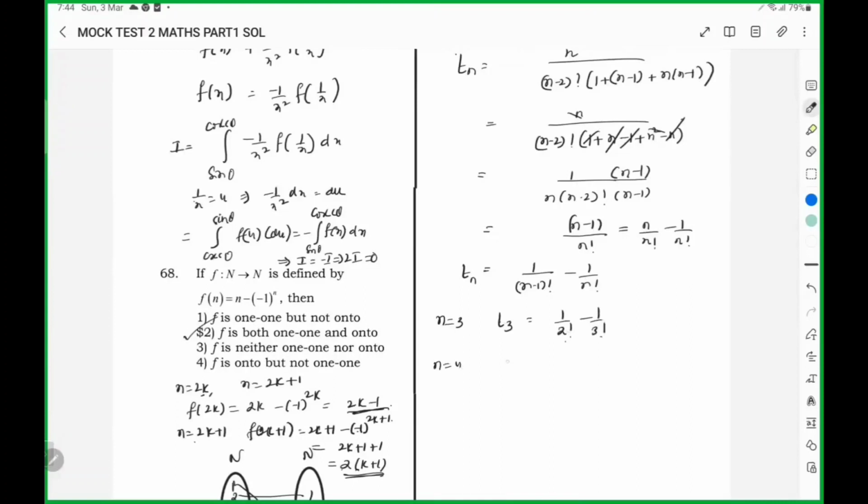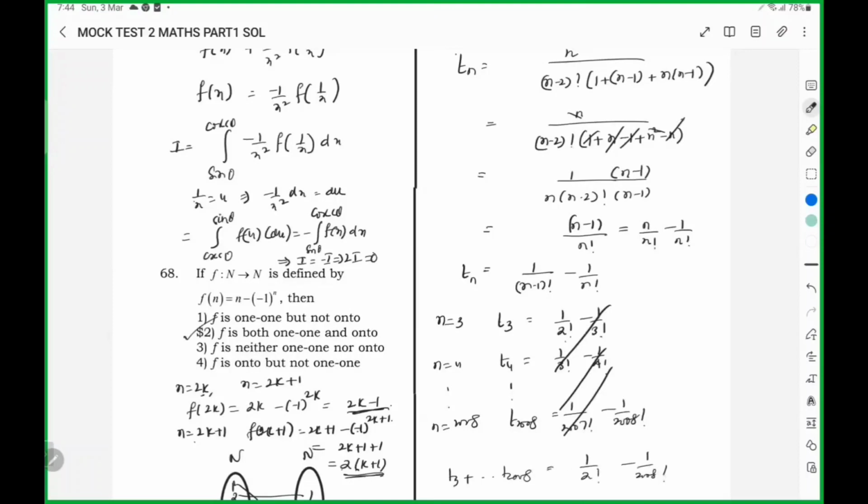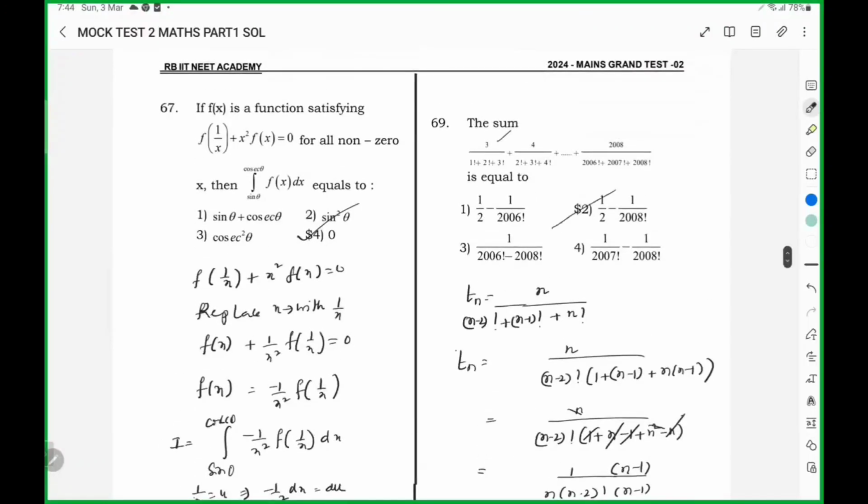N as 4, 1 by 3 factorial minus 1 by 4 factorial. So on, n as 2008, 1 by 2007 factorial minus 1 by 2008 factorial. Adding all these, everything cancels. The sum of all these terms will be this, so the second option is correct.